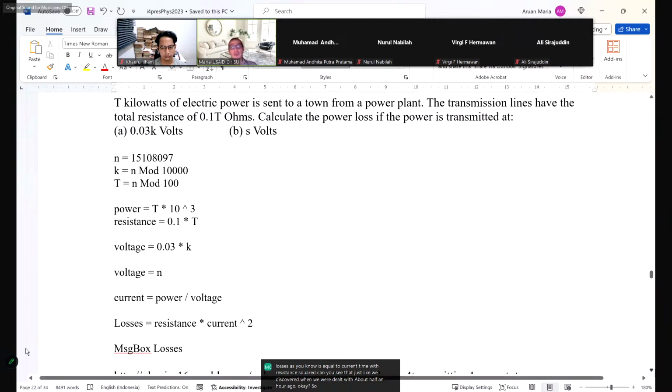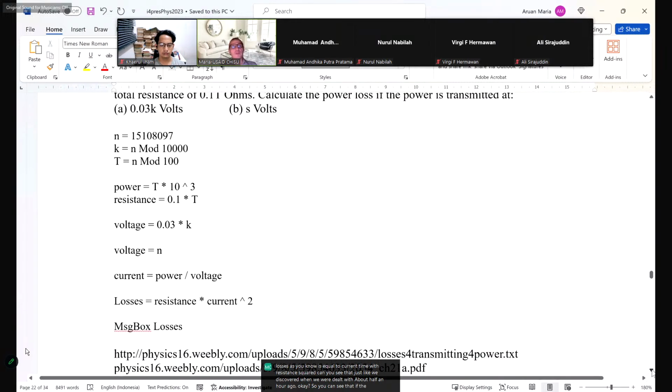So you can see that if the voltage is large, then the current is small according to the Ohm's law, right? And vice versa. So the bigger the current, the bigger the losses are. Therefore, people transmit voltage at millions of volts to reduce the losses, okay? And I would like you to calculate losses for 200 volts.